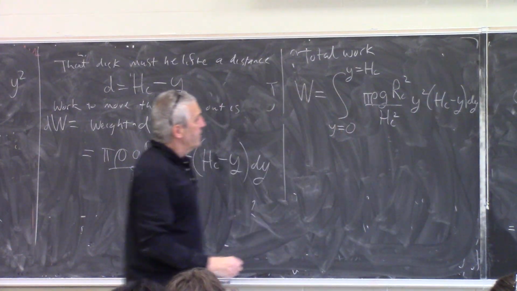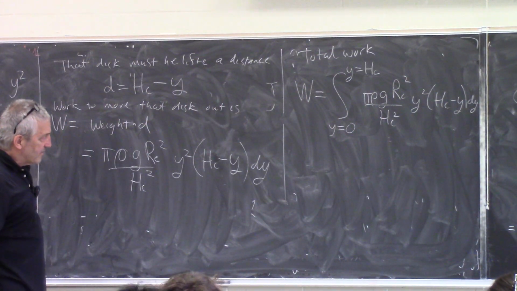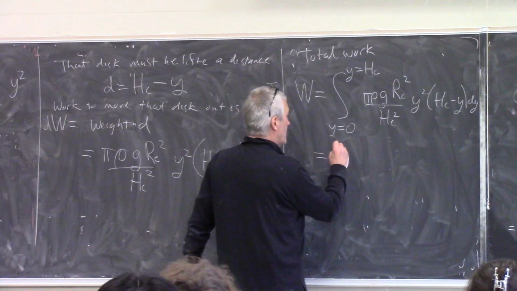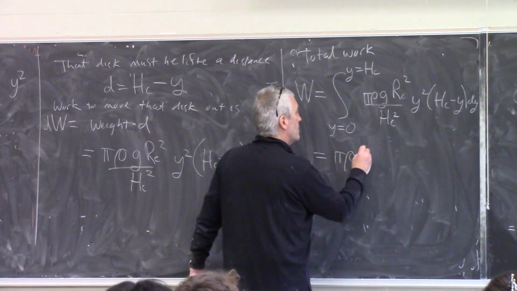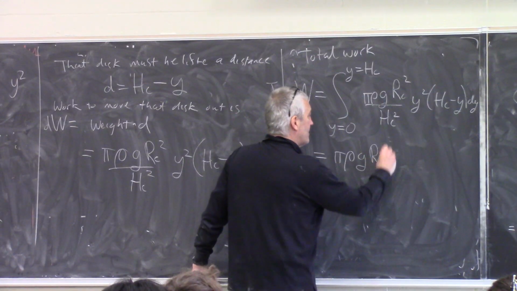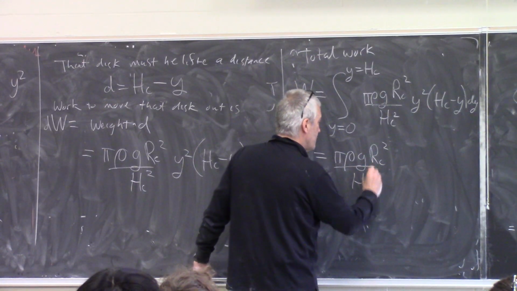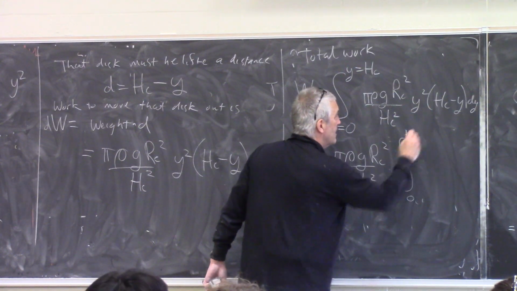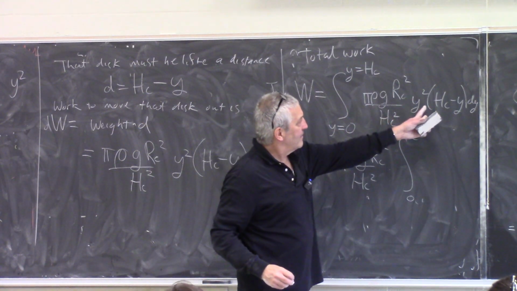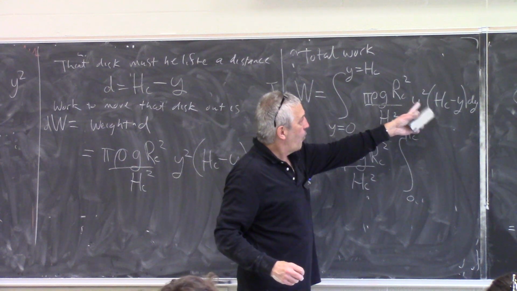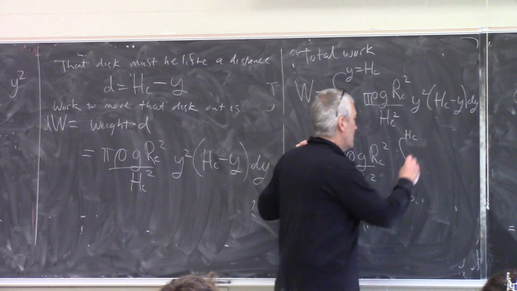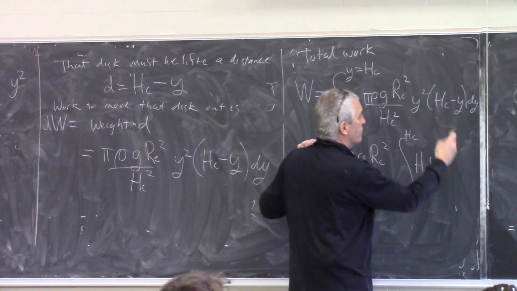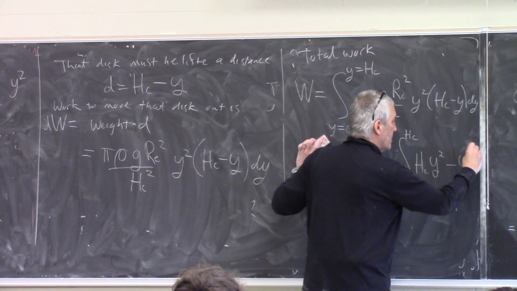Looks terrible, but keep in mind, most of the symbols there are actually constants. So I'm going to pull those out: pi rho g Rc squared over Hc squared. And I have the integral from 0 to Hc. It's helpful to have these separate, so I'm going to have Hc times y squared minus y cubed.